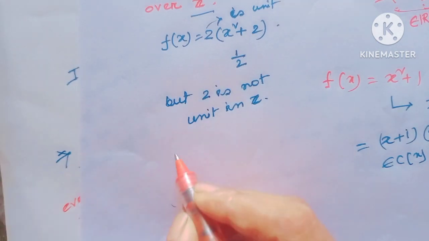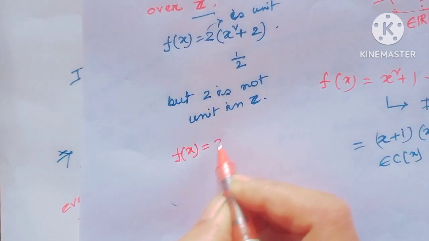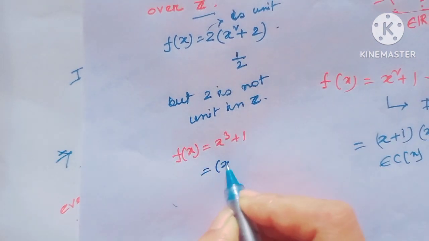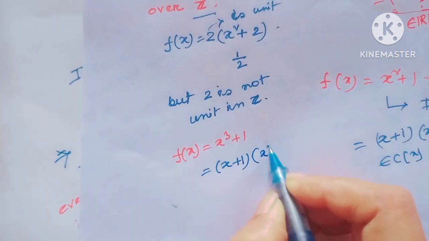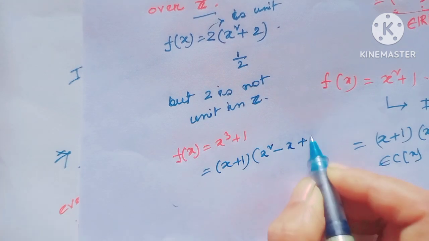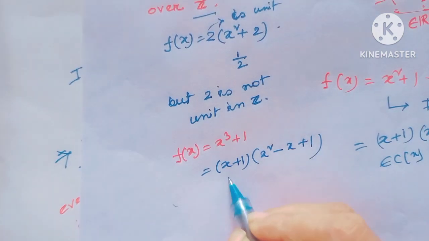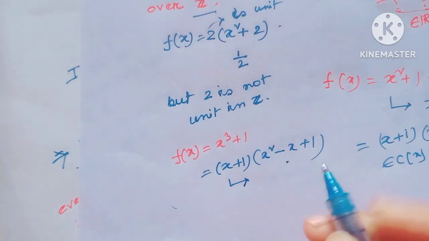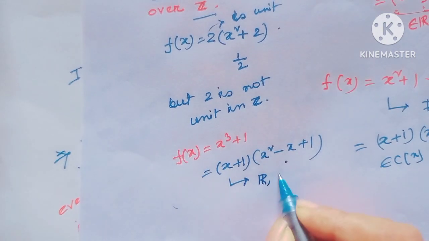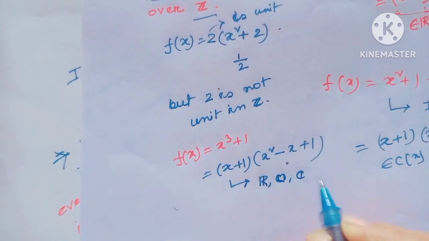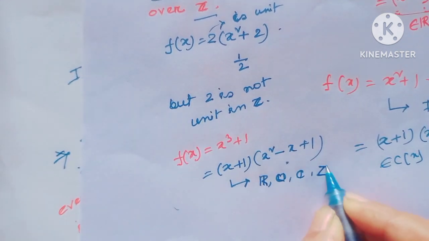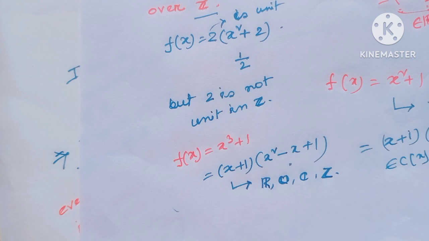Okay. f(x) equal to x cube plus 1. We can factor this polynomial as x plus 1 times x square minus x plus 1. These two polynomials are not unit elements in R, Q or C. Similarly, these two polynomials are not units in Z also, because in Z the only unit elements are plus 1 and minus 1.